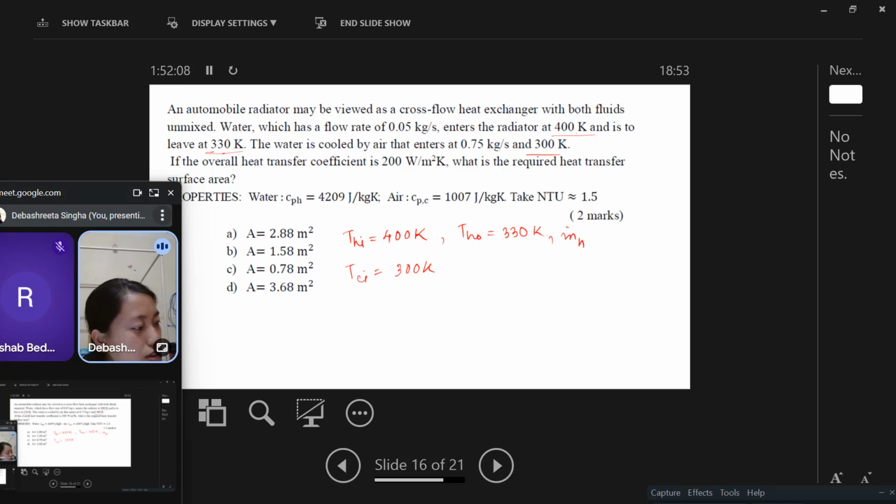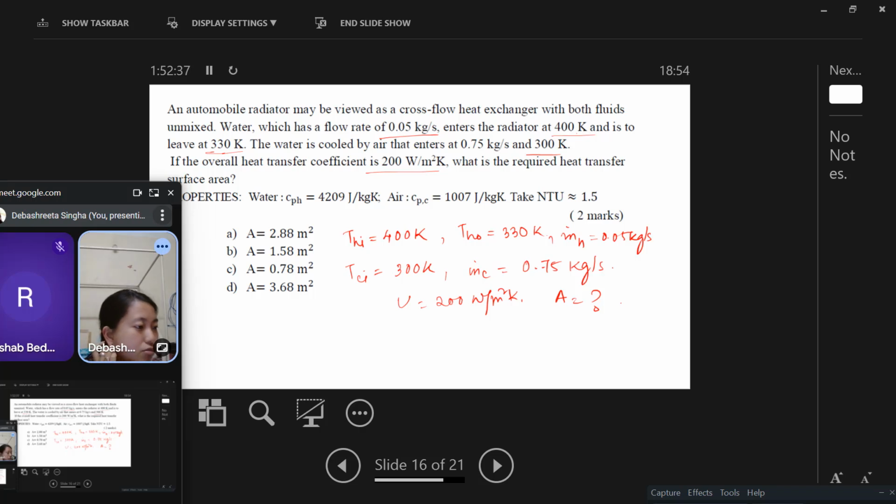And the mass flow rates are also given. For the hot fluid, it is 0.05 kg per second. For the cold fluid, it is 0.75 kg per second. If the overall heat transfer coefficient is 200, that means U is equal to 200 watt per meter square Kelvin, what is the required heat transfer area?